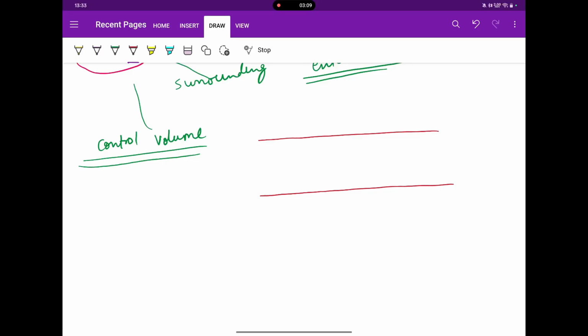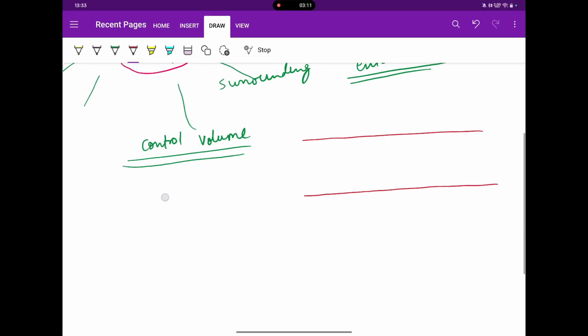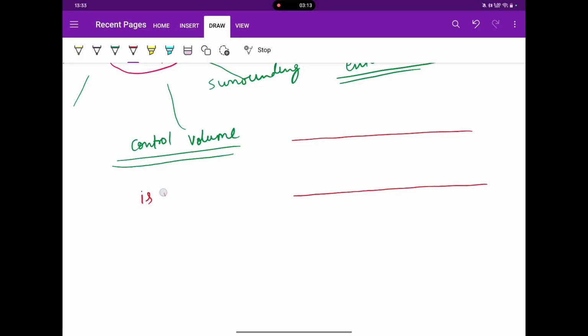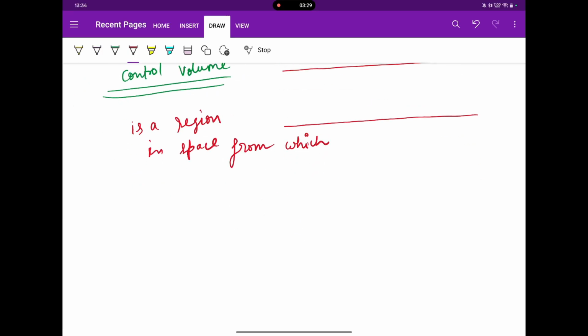Let's say a control volume is a region in space, and I'm writing it in my own language, from which flow of matter or energy can take place.